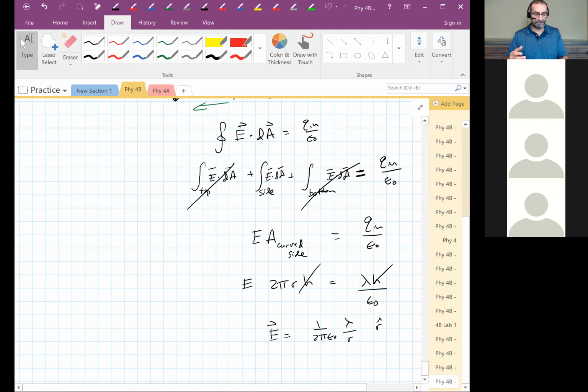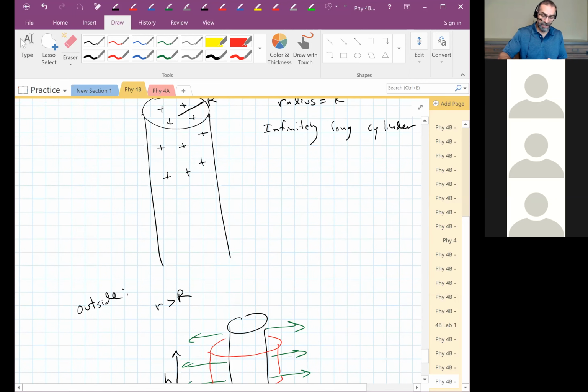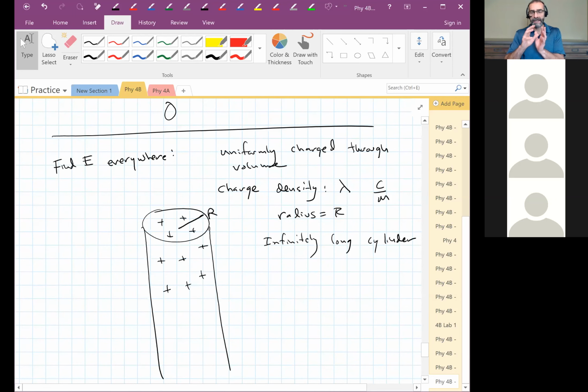With a cylinder, even if the charge is just spread over the area, because it's long and thin, the way we solve the problem, it's as if it's a line charge. It's no different than a line charge. So as long as the charge is uniformly distributed along the length of the cylinder, we don't really care how it's distributed the other way. All we care about is lambda, the charge per unit length. And that's how we solve these things.